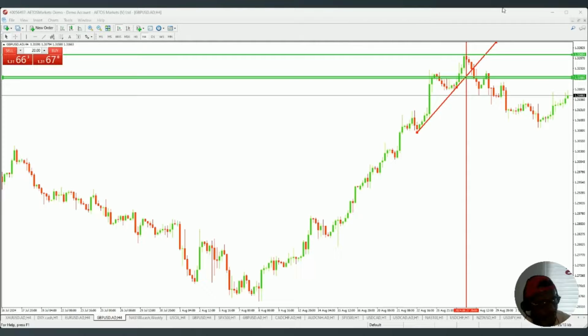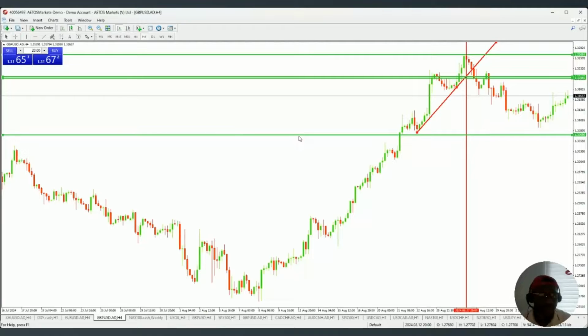What does it give us? It gives us 1.31546. So let's factor that in. Let's put that into consideration now. I'm going to put it there and put the figure to it. 1.31546.